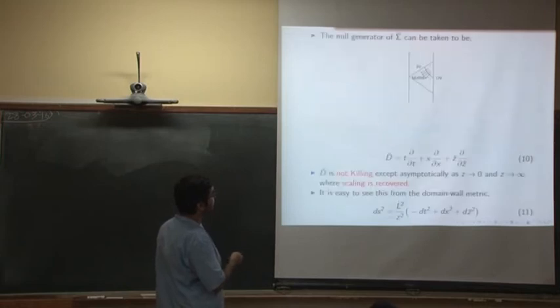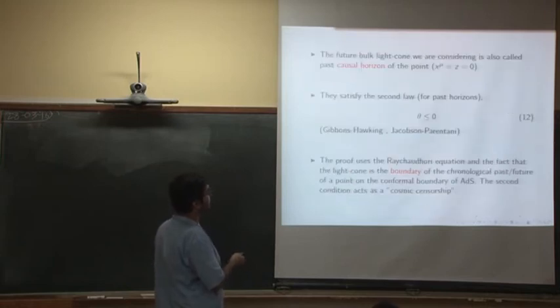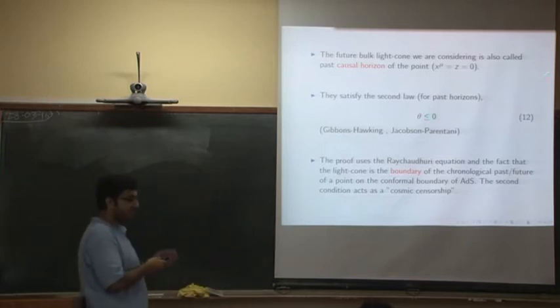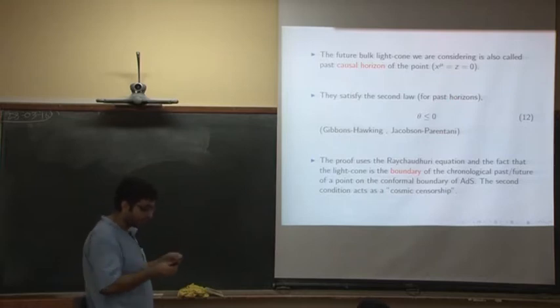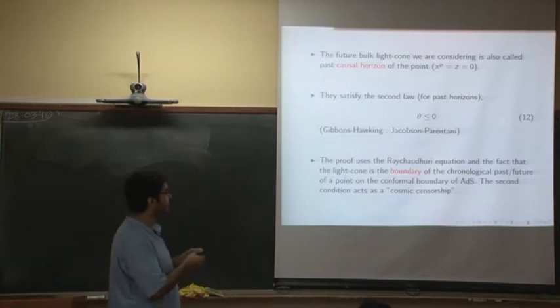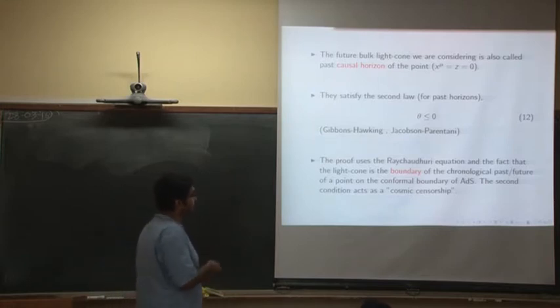For past horizons, this expansion is less than or equal to 0, and that's the statement of the second law. It roughly tells us that as you move forward in time, the Bekenstein-Hawking entropy decreases.